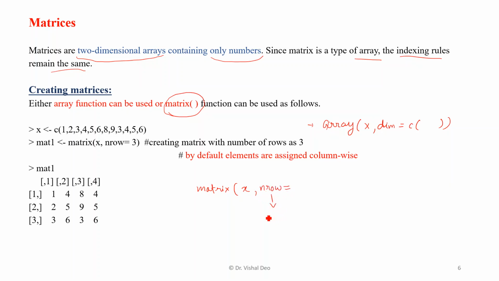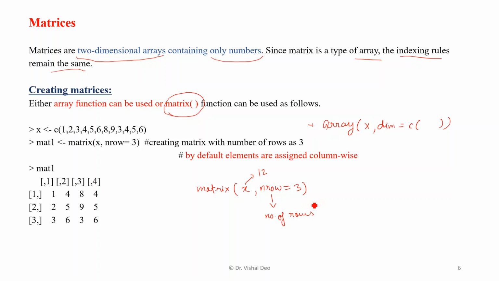This n means number of rows, or basically we are defining the size of the first dimension, that is rows, because we are dealing with only two dimensions. That means if we assign one dimension, suppose there are 12 values in x and we define that the number of rows is 3, then automatically it determines that the number of columns will be 4, right?